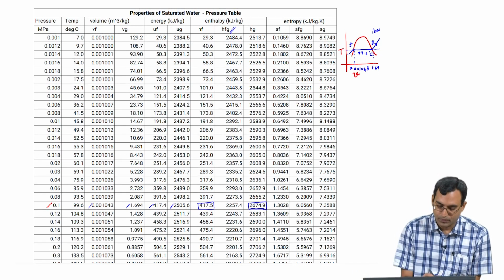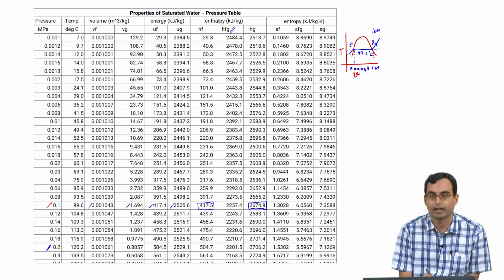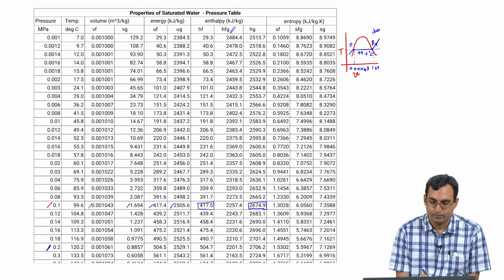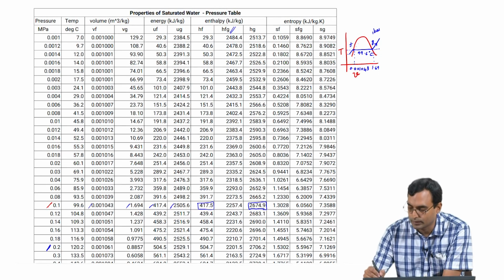What we can also see is, if I was to look at some other condition, let us say I was to look at 0.2 megapascal, which I am going to mark here, which is essentially 2 bar. The boiling temperature at 2 bar is 120.2 degrees centigrade for water. So, if I was to look at a 2 bar isobar, let us say it is somewhere like this.